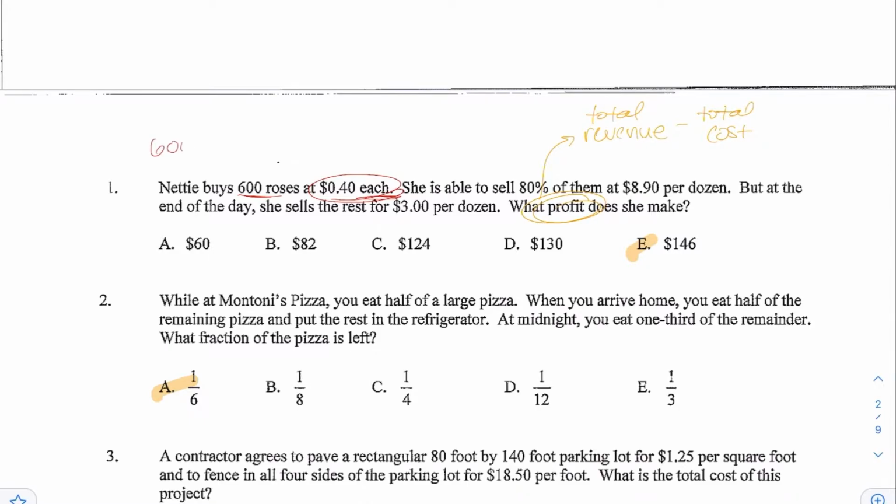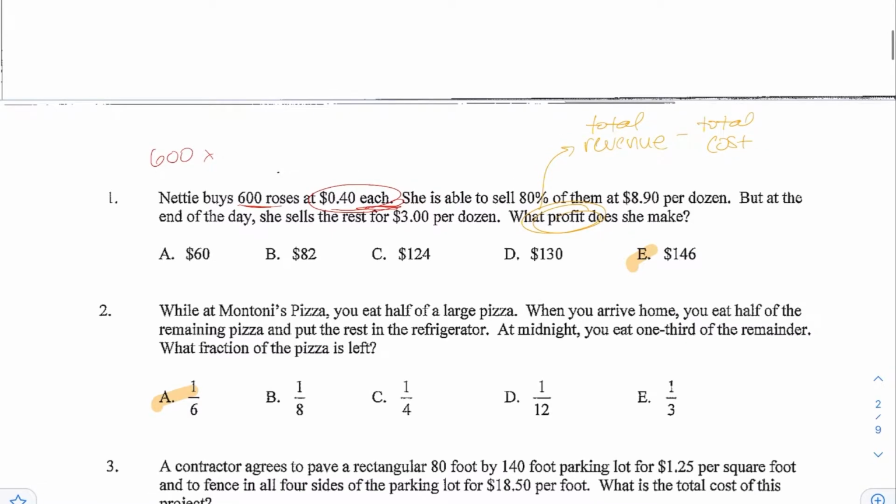So 600 times 40 cents. 40 cents you can rewrite as 2/5 of a dollar. So then when you do 60 and 5, that 600 turns into 120, and 120 times 2 is $240. So right off the bat, it costs her $240 that she has to make up.